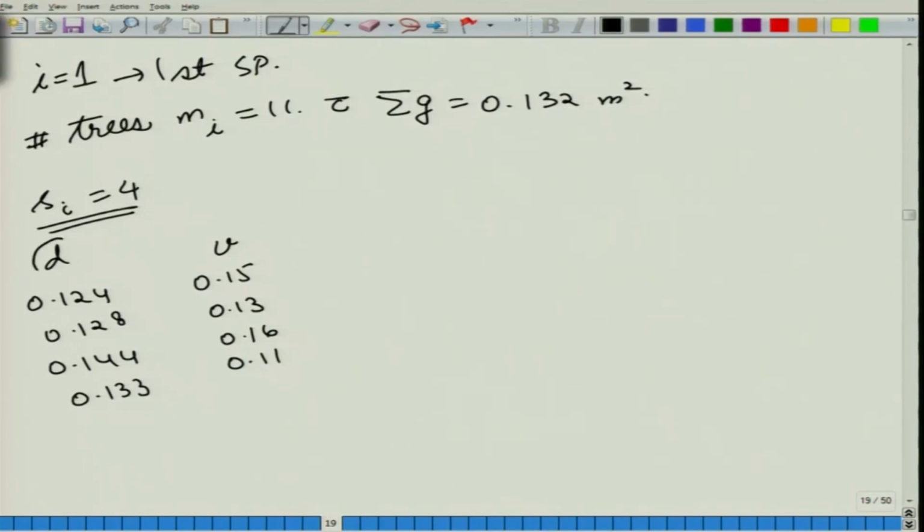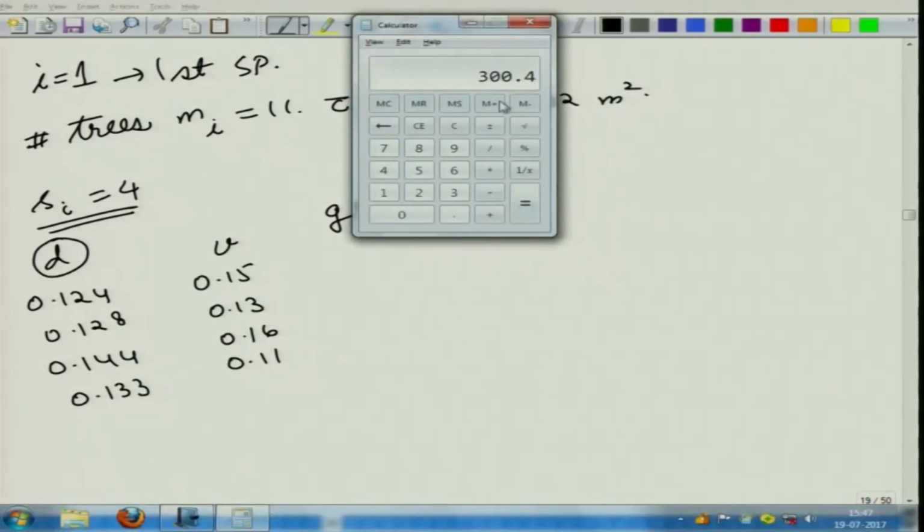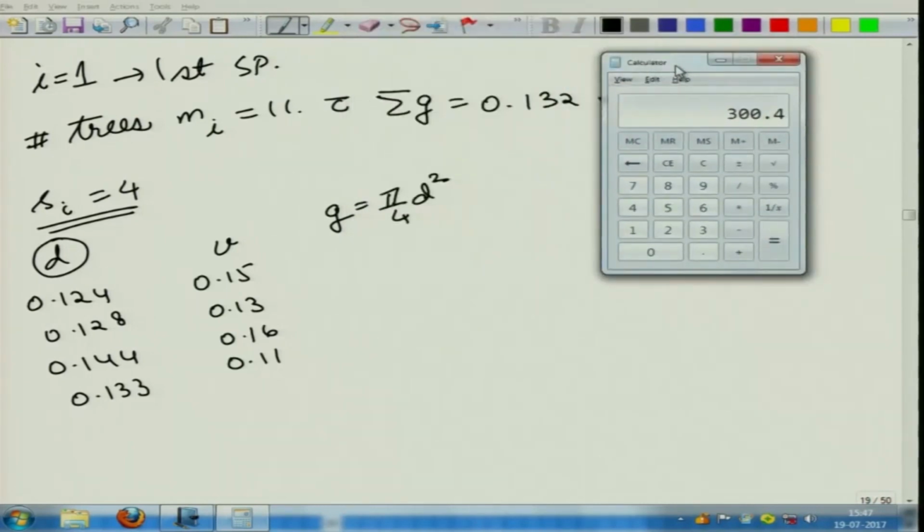So, given the d value, you can find out the basal area of each tree. The basal area is given by pi by 4 d square. So, for 0.124 what will that be? We have pi, that is 3.14 by 4 into d square, 0.124 into 0.124, and you get it to be 0.012.